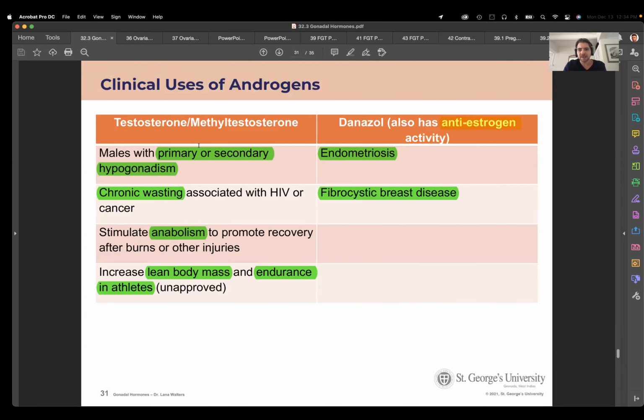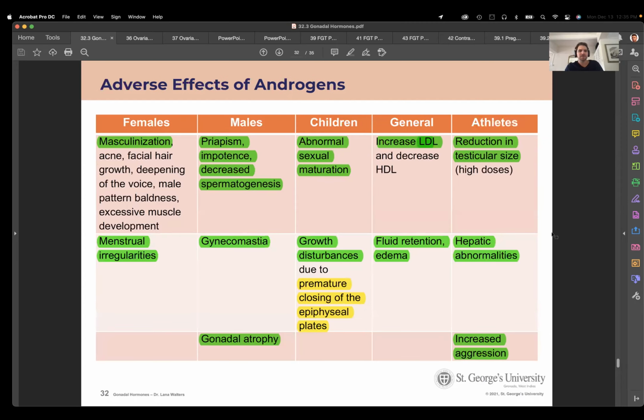All right, and you can see that here. Hypogonadism is a good one. And then of course, people use this illegally for anabolic steroids and stuff like that. And then danazol, a side note, it has anti-androgen effects. It's an estrogen analog, so you can use it to treat endometriosis and fibrocystic change.